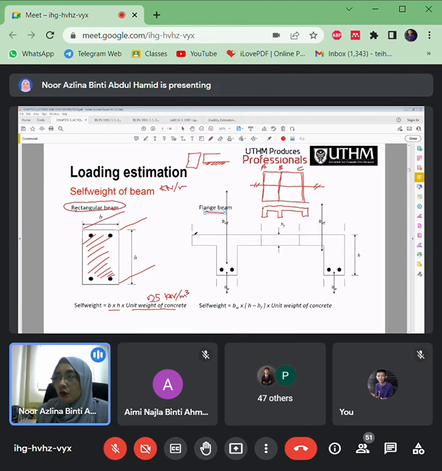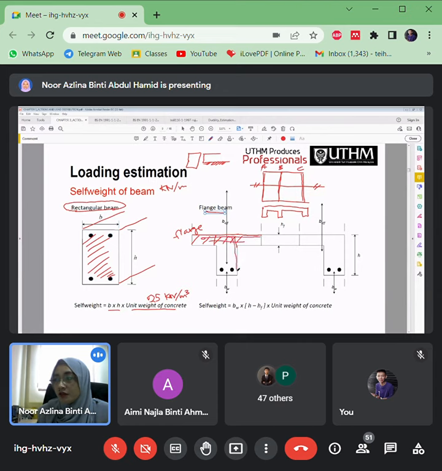There will be an effective width for the flange here. The top one here, we call it a flange. Please take note that the top is actually the combination of slab and beam. The beam actually goes up to the top, because the reinforcement is cast together here.